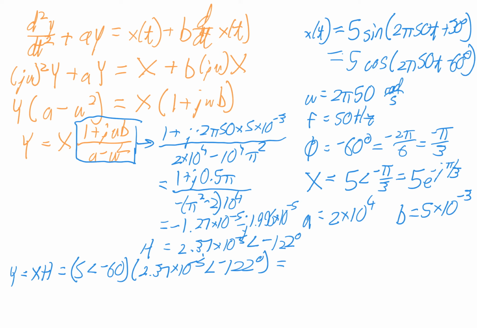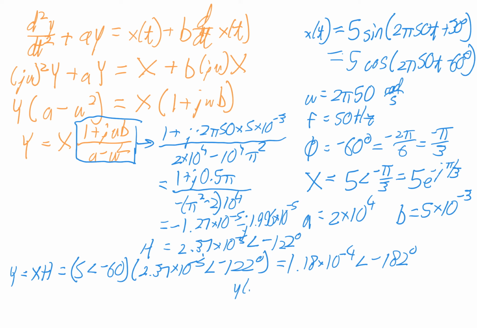We get a magnitude of 1.18 times 10 to the minus 4, and we add the angles together, and we get an angle of minus 182 degrees. So that is our output phasor y.